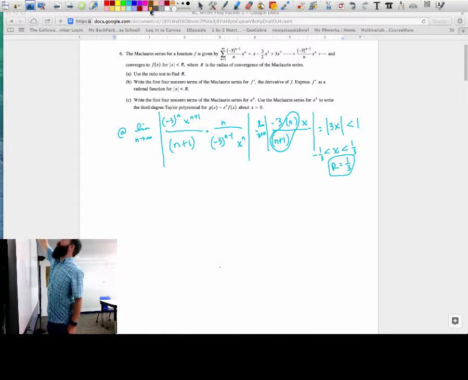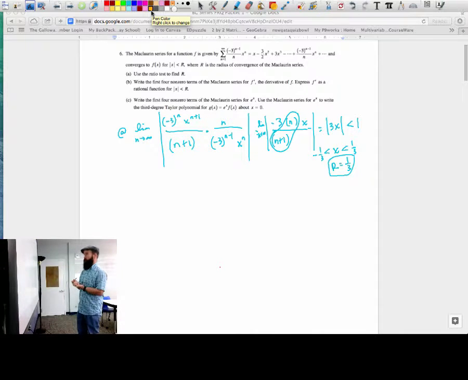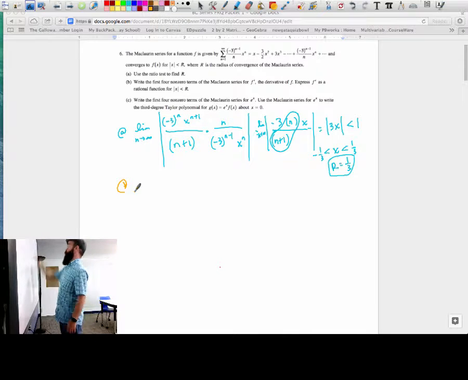So for part B, write the first 4 non-zero terms in the Maclaurin series for f prime. So they've given you the series for f, and now you're finding the series for f prime, first 4 non-zero terms. So the derivative f prime would be 1 minus 3x plus 9x squared. And then the next term would be the pattern that's continuing here.